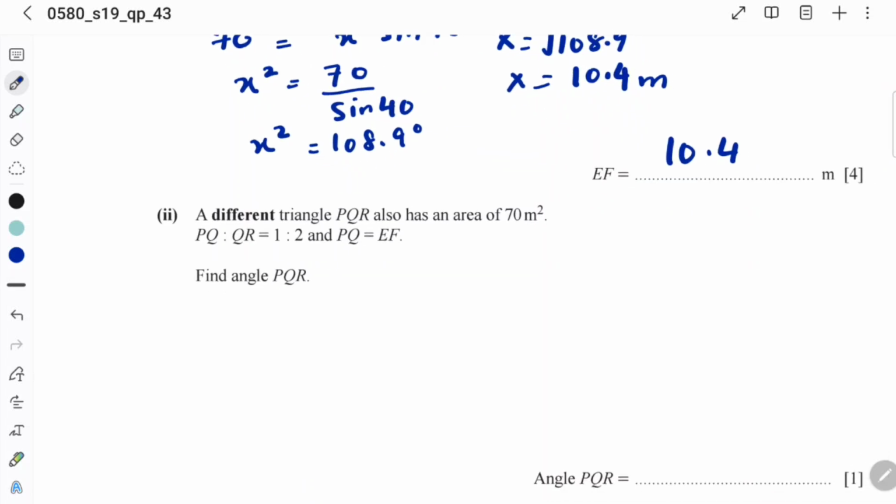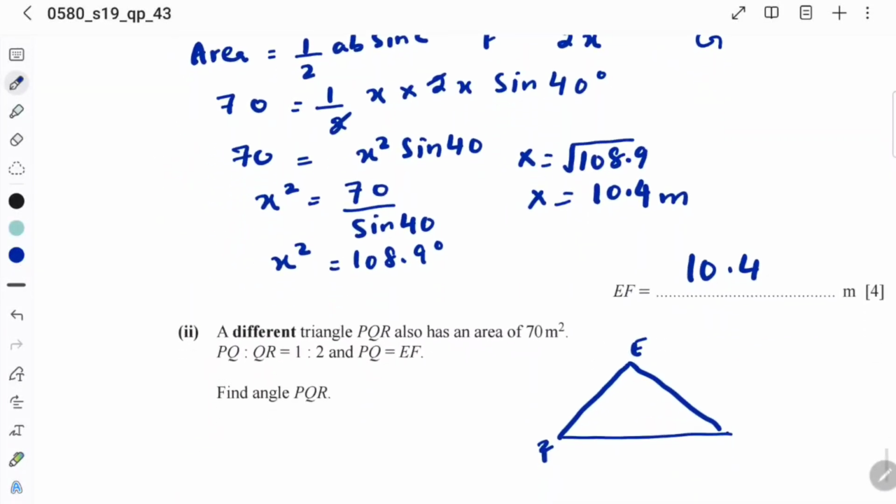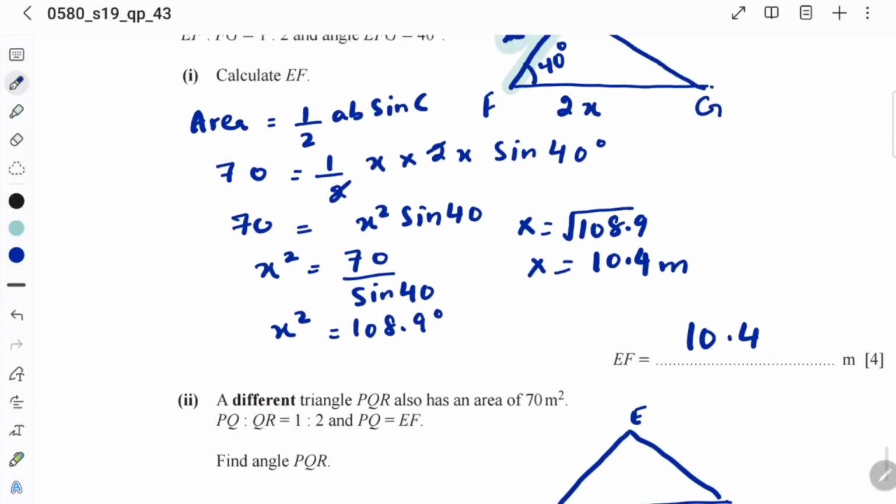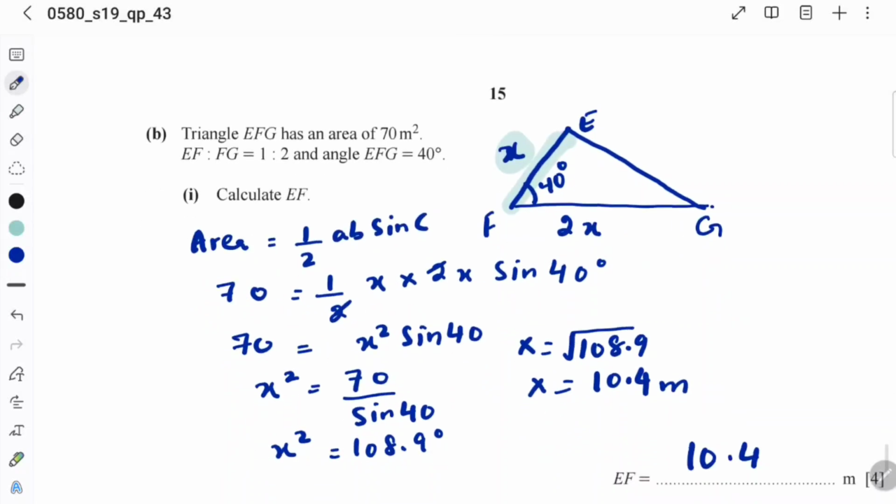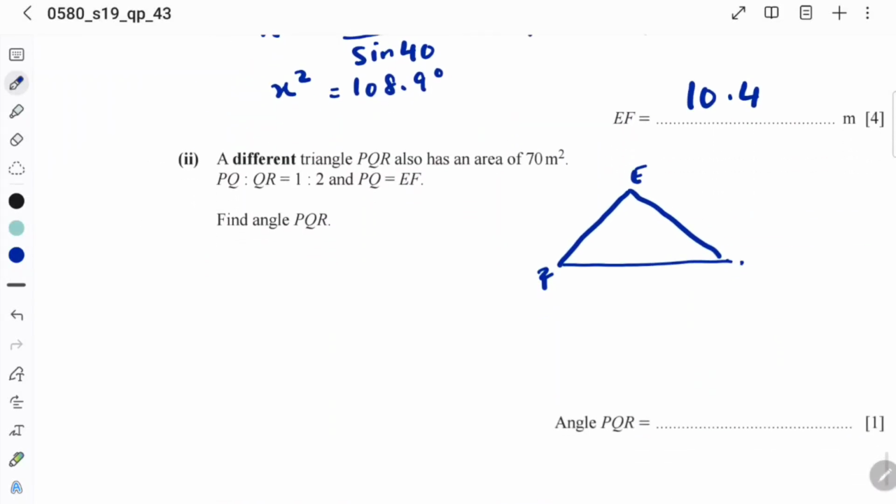If we just look at the previous diagram, we had EFG, and here we had the angle of 40 degrees. A different triangle PQR has an area of 70 meters square.